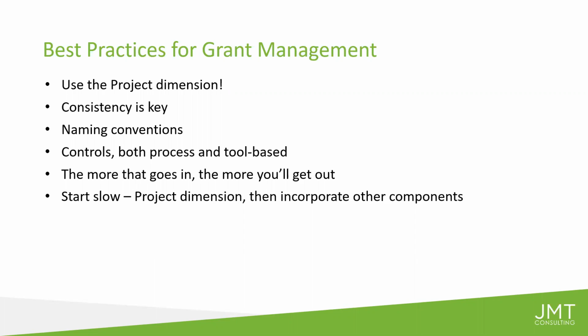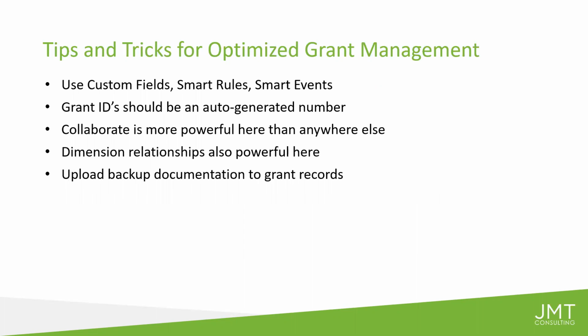You can incorporate these other components later. So if you've been doing your allocations in Excel and you're ready to take that next step, you can add those into the system. You can also add time and expense and whether or not you're doing the billing through the system at different times.